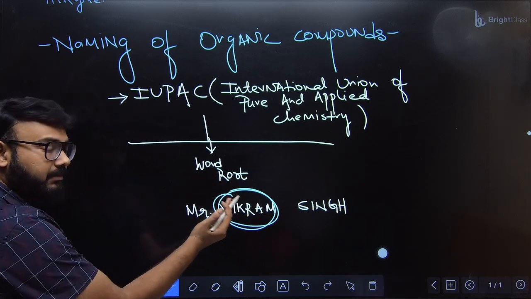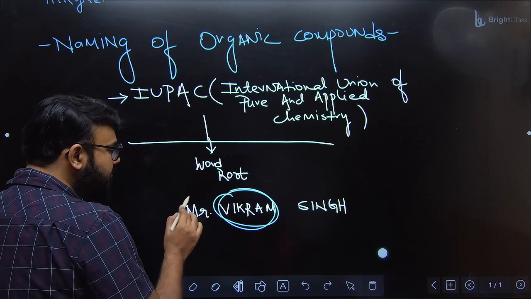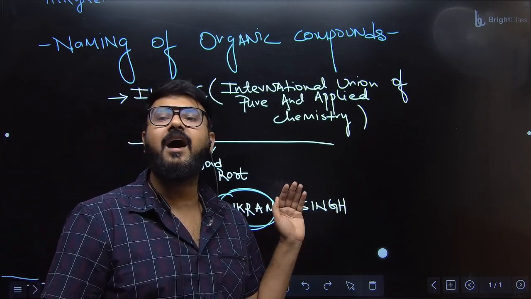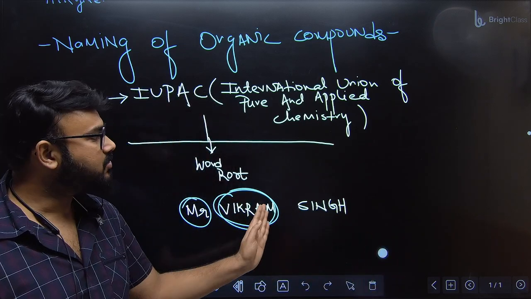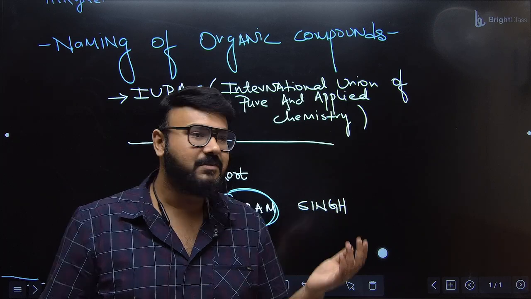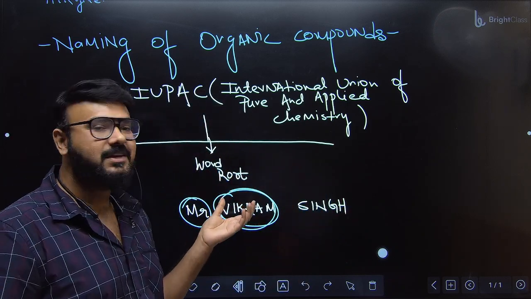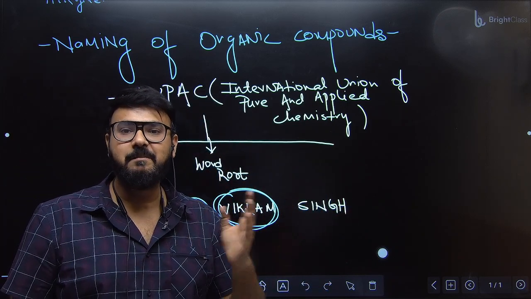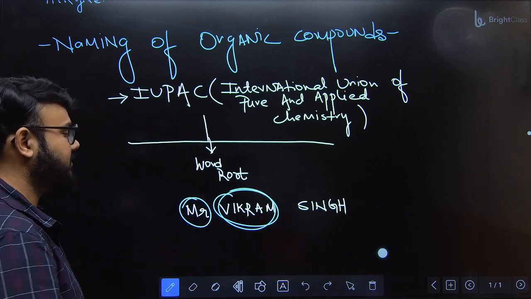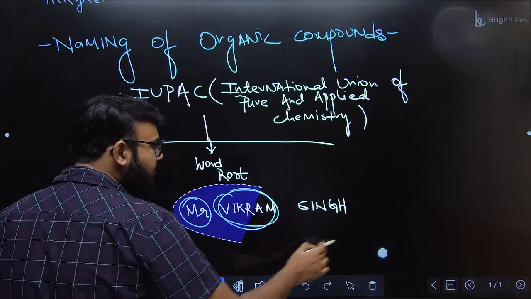Mr. is written before the word root, before the main name, it's called prefix. And Singh is written after the word root, after the main name, it's called suffix. So similarly, like my name and your name, everyone's name, IUPAC also has these three parts: prefix, main name, the word root, and suffix.